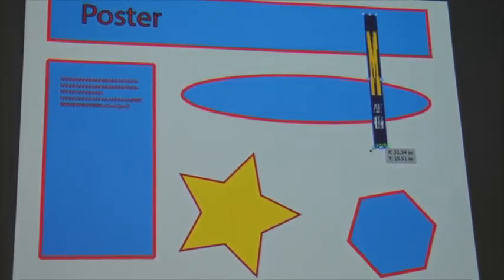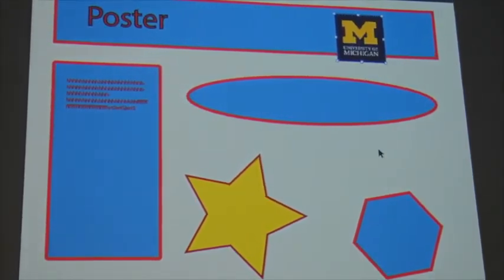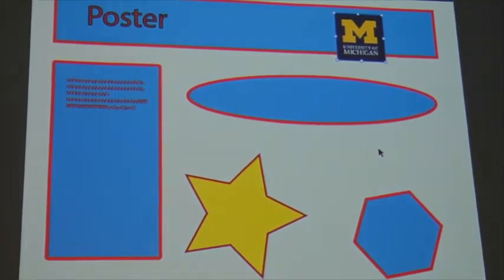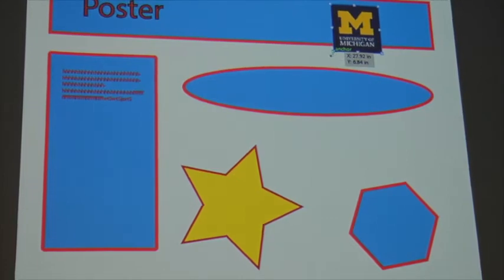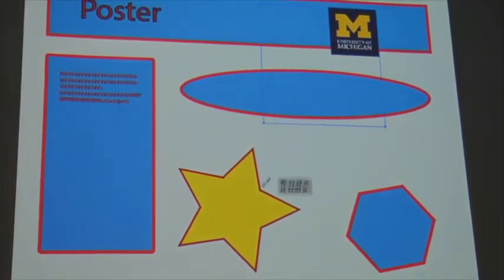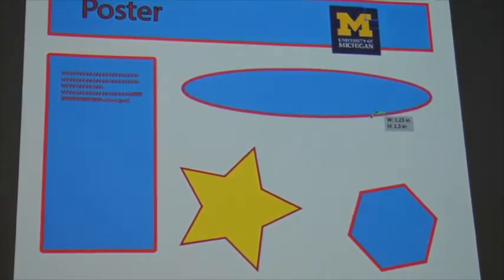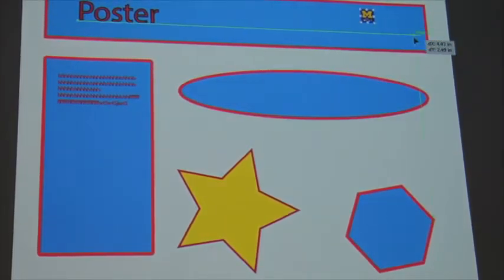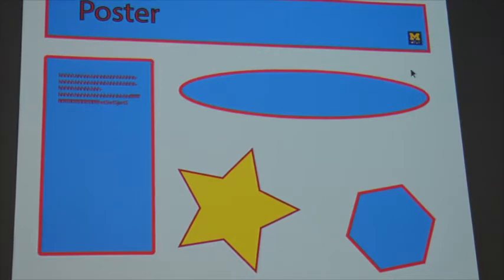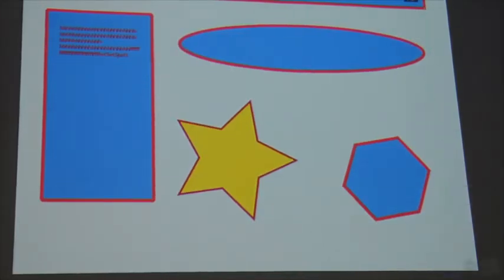Just hit Control-Z, and it goes back to the original form. How to make sure you're not warping it is when you size it, hold down Shift, and it'll stay uniform no matter what. And maybe make it about that size. Put it in the corner, or maybe put it in the corner down there or something.